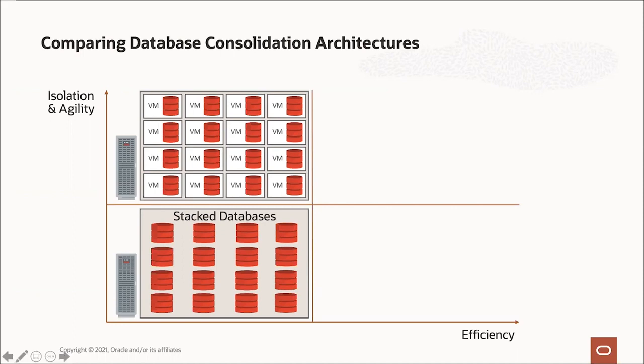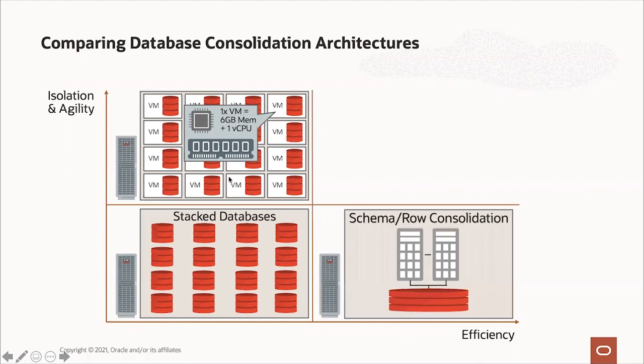But you get some marks for isolation and agility. Now there's another approach entirely. By the way, this little mnemonic here just tells us what's a classic, almost the minimum footprint of one of these VMs. This is why you chew up the resources so quickly, because how many times can you stick 6 gigs of memory into a machine before you've run out? It's just not an efficient way of doing things.